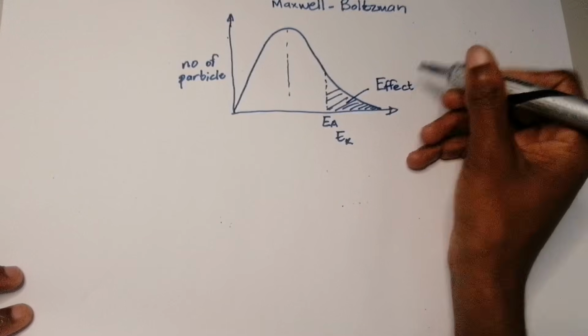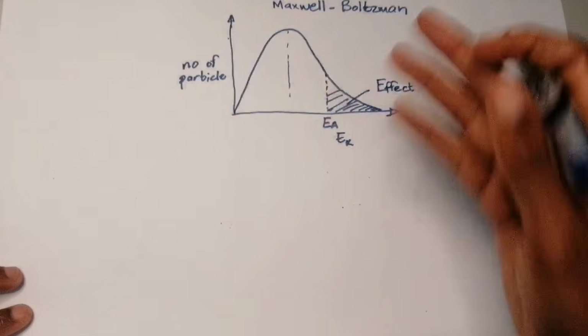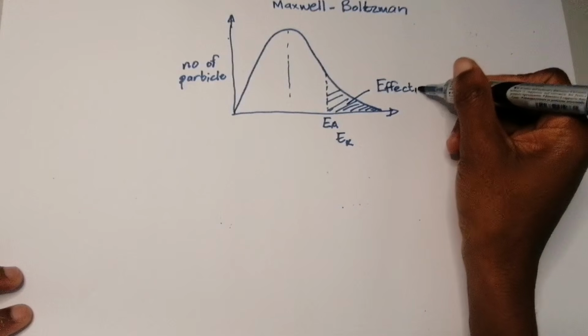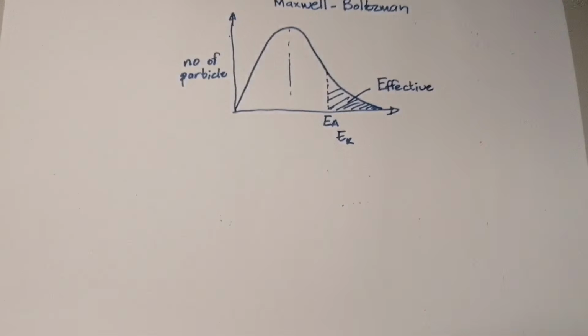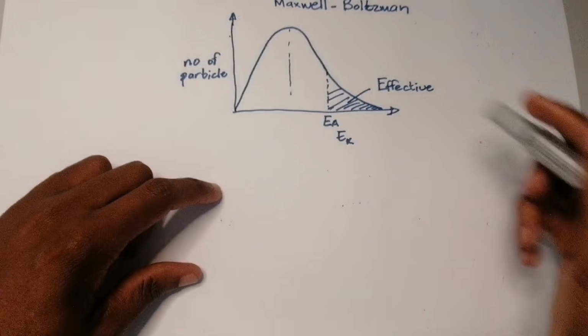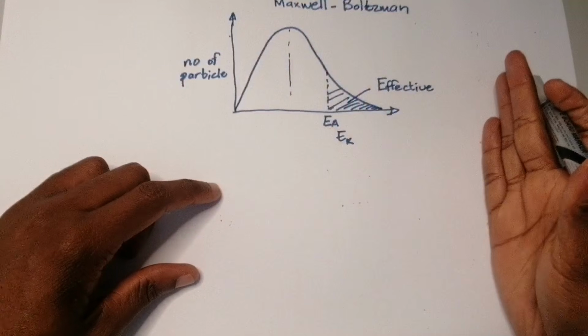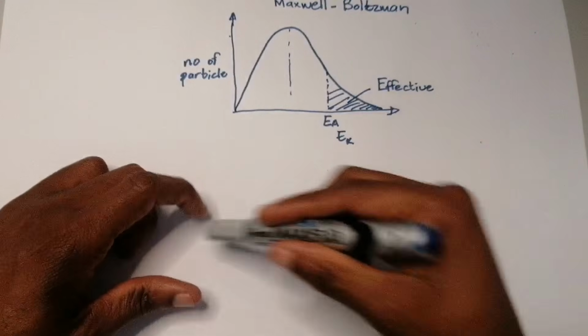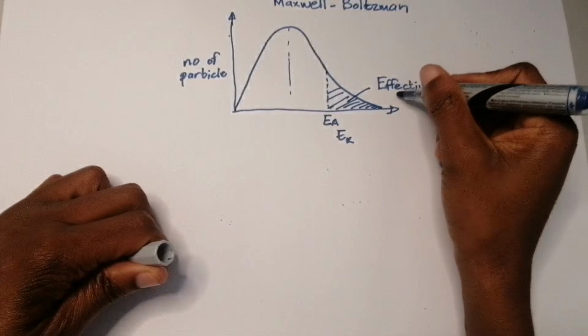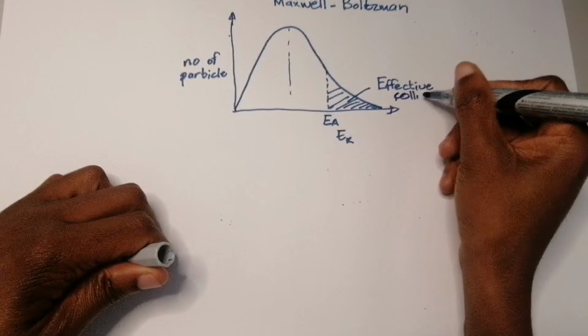All of the particles below here are not able to form effective collisions. They're able to collide, but those collisions don't result in products being formed. It's only these ones that have this amount of energy and more that are able to form effective collisions that can form products.